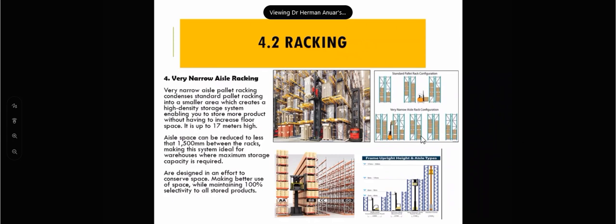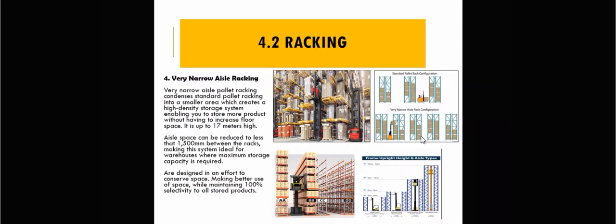Yang ini kita nak gunakan ruang penyimpanan semaksimum yang mungkin. They are designed in an effort to conserve space, making better use of space while maintaining 100% selectivity to all stored products. Right? So this is how we do very narrow aisle racking.